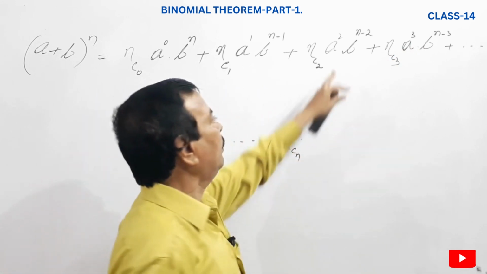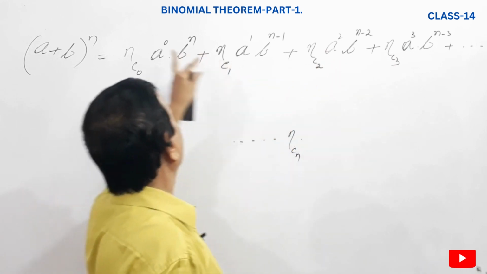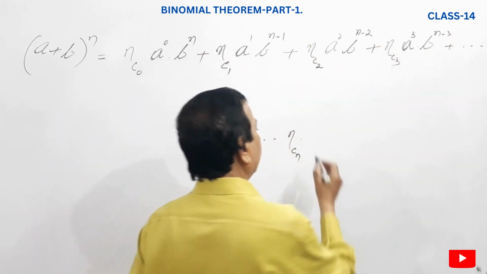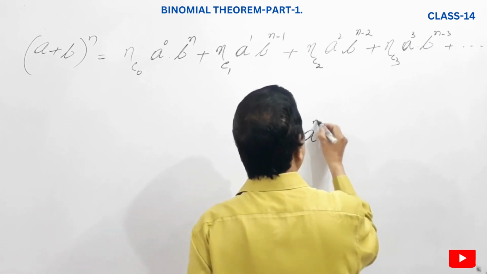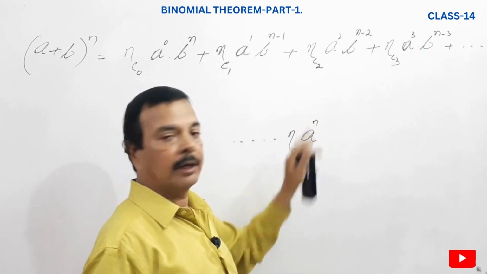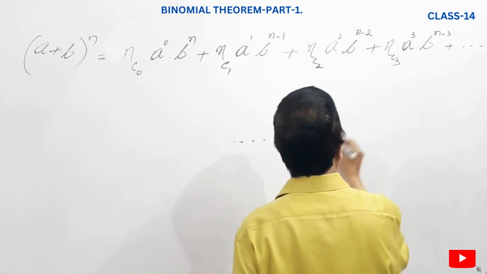And what will happen to a? a0, a1, a2, a3, and so on until a becomes a to the power of n. And what will happen to b?